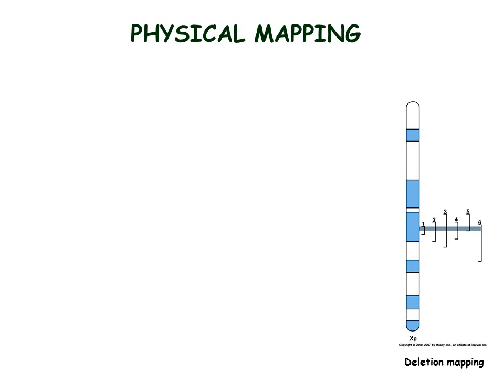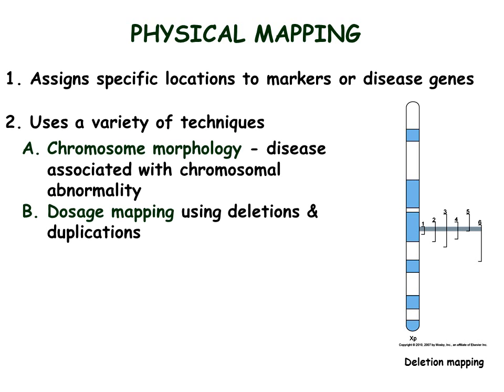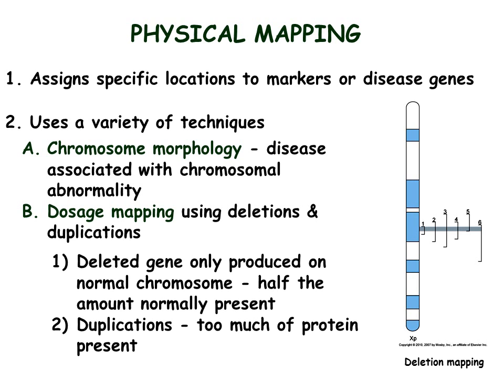So then we get to talk about physical mapping. Well, that assigns specific locations to the markers and the disease genes. It uses a variety of techniques. We look at the chromosome morphology with banding. And sometimes chromosomal abnormalities help us pinpoint something. We also look at dosage mapping with deletions and duplications to help us pinpoint it.